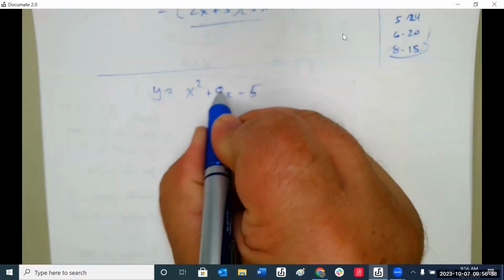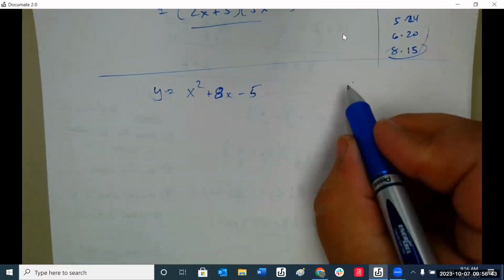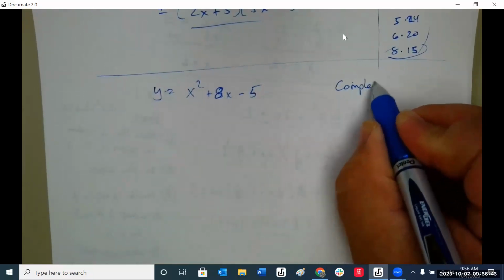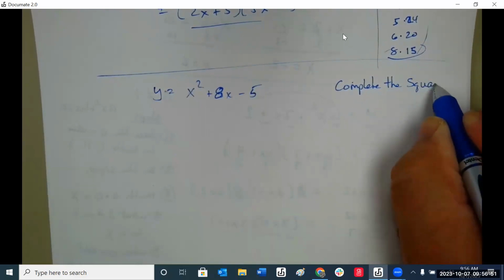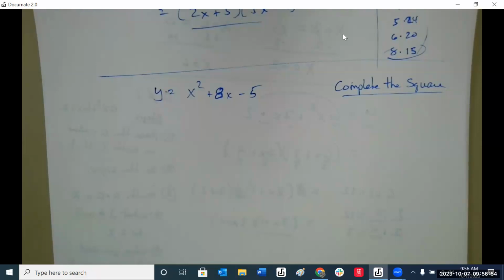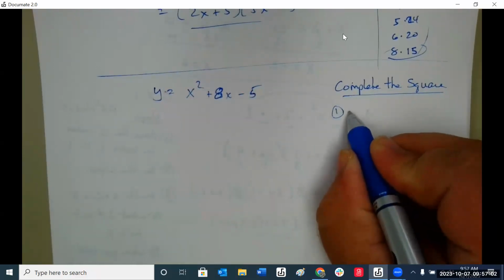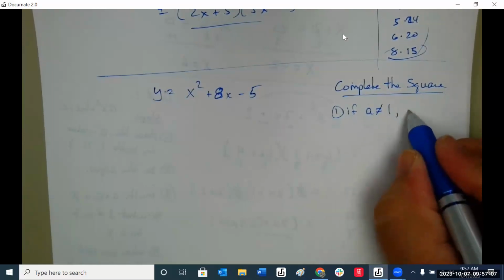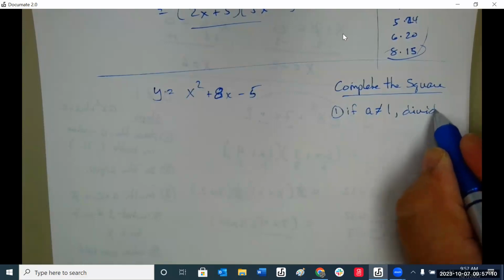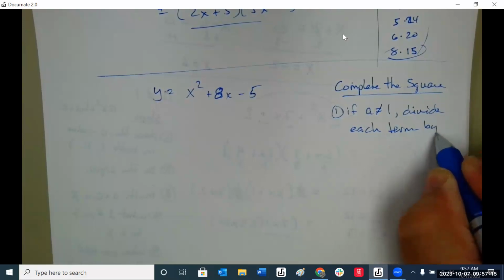This is called completing the square. First step. If a does not equal 1, divide each term by a.